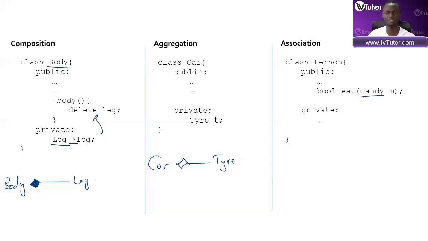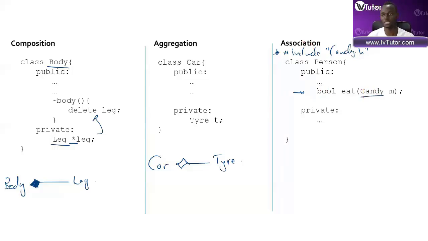In this case, we can see that if we are going to build this successfully, we've got to #include this class called candy. Otherwise this won't compile. Which means we need to use this class inside person. We use it, we need it, it has to be there. So that's association for you. It means it's not contained, but it's being used. So the moment you see a class within the functions, or maybe it's being returned, or it's part of the arguments, something like that, then you know it's association.